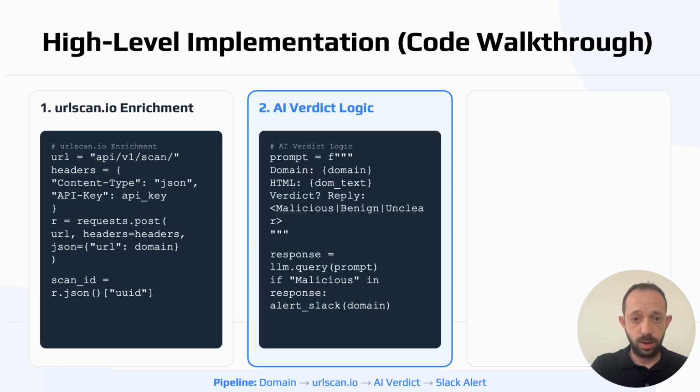Afterwards, the next step is that this data, the HTML, the screenshots, all the data that I got, moves into the AI layer, where I created a very basic prompt, which will try to analyze the data that I gave and give me a clear verdict whether this is malicious, benign, or unclear.